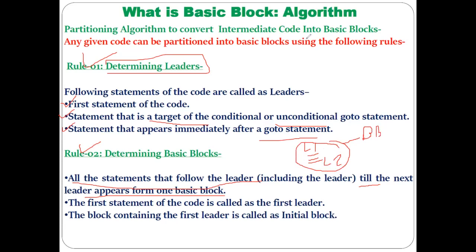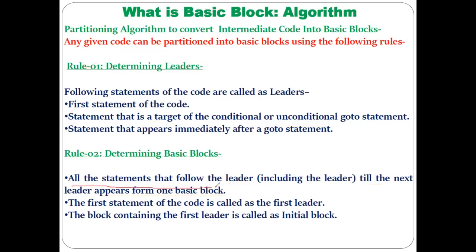That is the same thing I have mentioned here. All the statements that follow the leader statement, including the leader, till the next leader appears, form one basic block. Now we will apply this rule in the example, then you will understand. The first statement of the intermediate code is called the first leader. The block containing the first leader is considered the initial block.